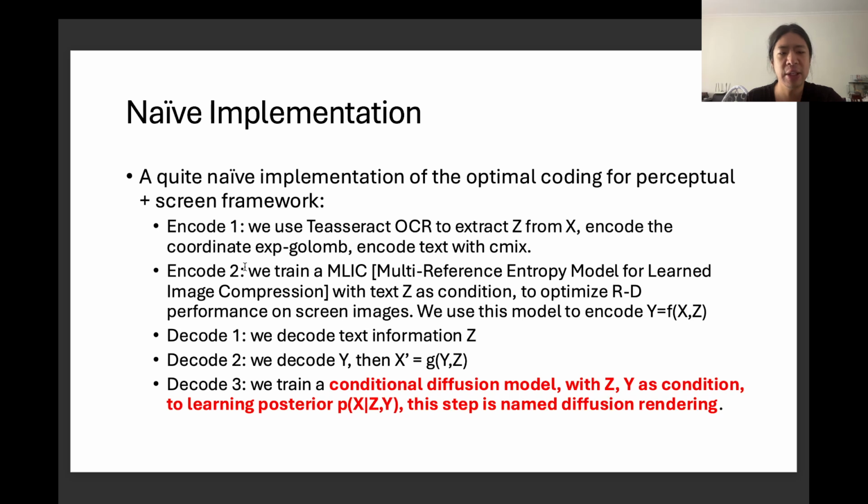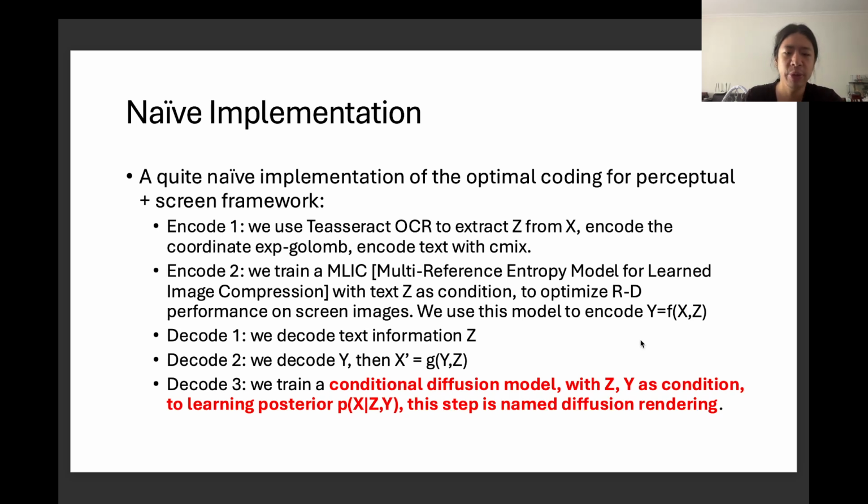And the second step is that we'll train a model which is a really state-of-the-art image compression model named MLIC, and with the text z as a condition, and we just optimize the rate-distortion target of this model, which means that we just optimize the bitrate and the mean square error. And then we actually use this model to encode y, which is conditioned on the lossless version of z.